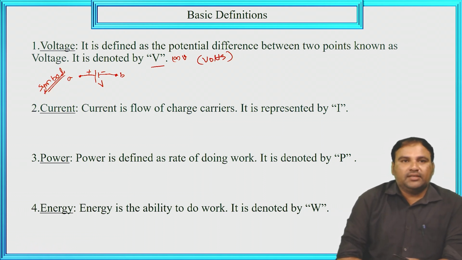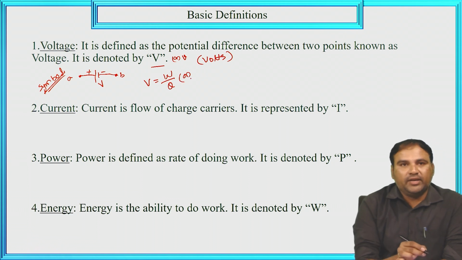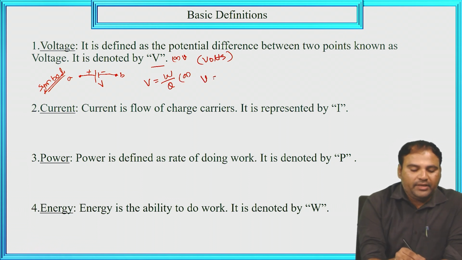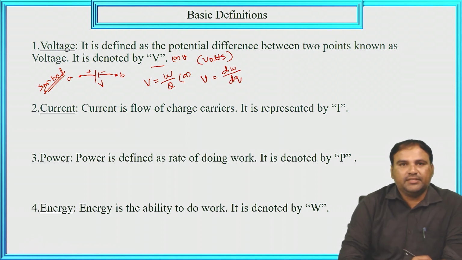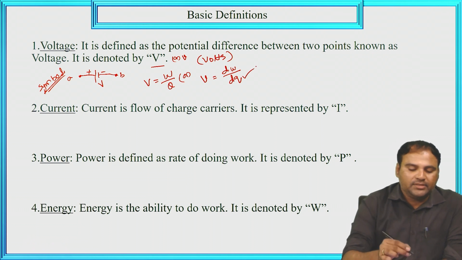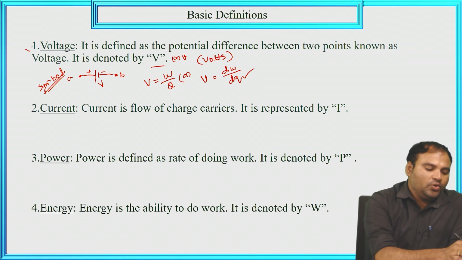Now the generalized voltage equation is V equal to W by Q, or we can also write small v equal to dW divided by dQ. Here dW means change in energy or change in work done, and dQ is change in charge. So this is about the voltage.